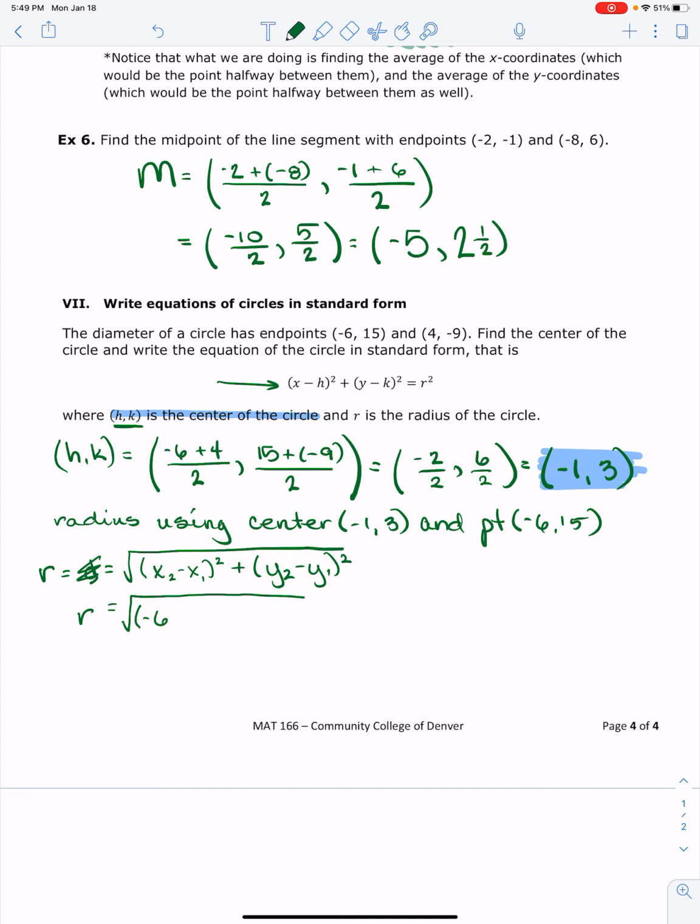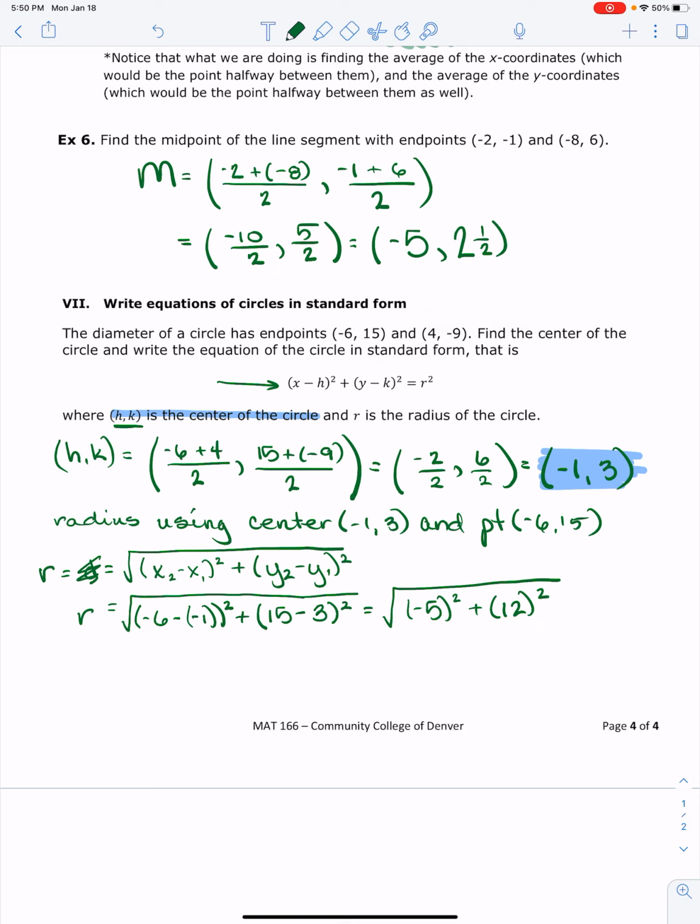So there's the point on the circle, that -6 minus the x-coordinate for our center is -1. We're going to square that plus y sub 2, the y that goes with that x is 3. We're going to square these so it doesn't really matter what order we subtract in. Just kind of a good idea to make sure we are not doing anything funky and we're always subtracting the same direction.